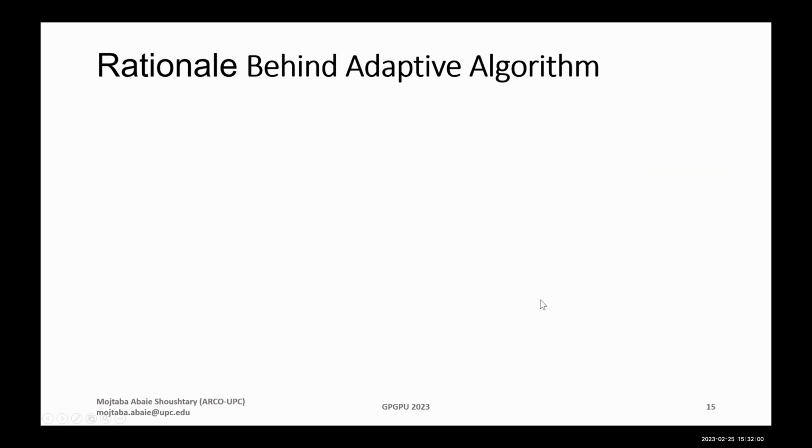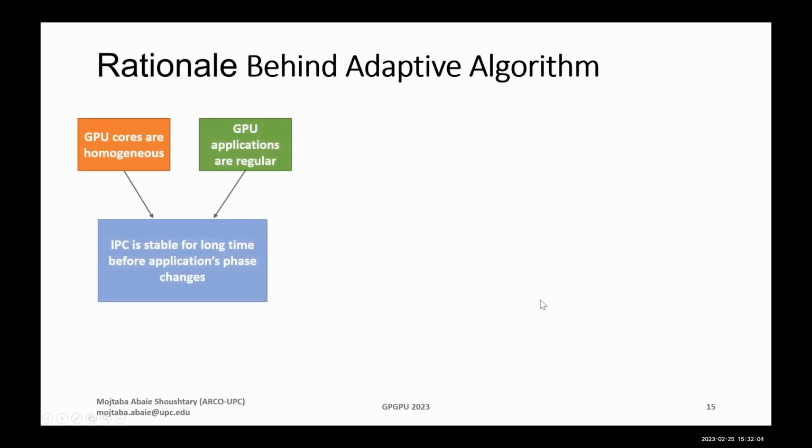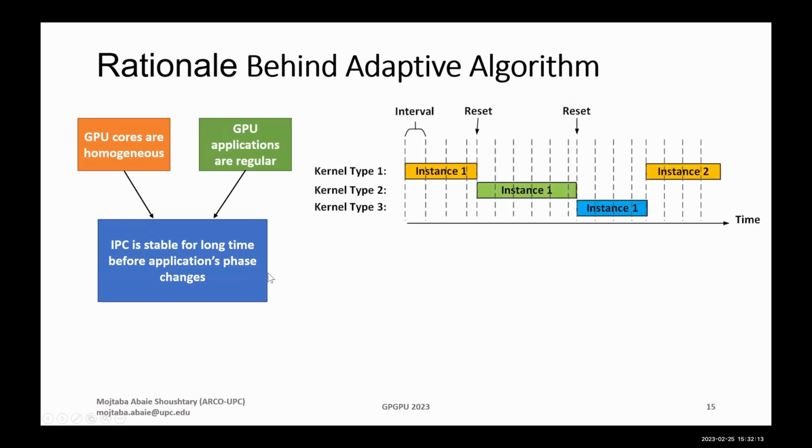Based on these effects, we created a dynamic algorithm. The dynamic algorithm works because we have homogeneous GPU cores, and these GPU cores are very regular. So the IPC will be stable for a long time, with some fluctuations.